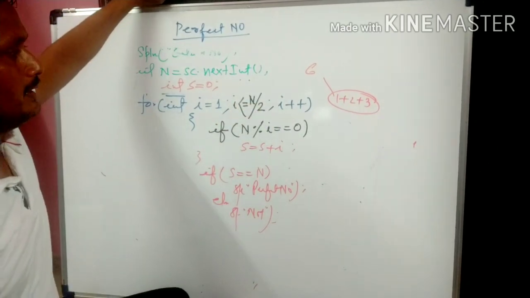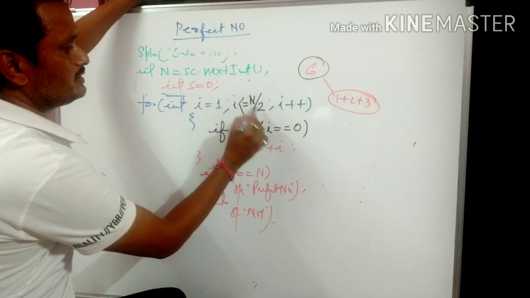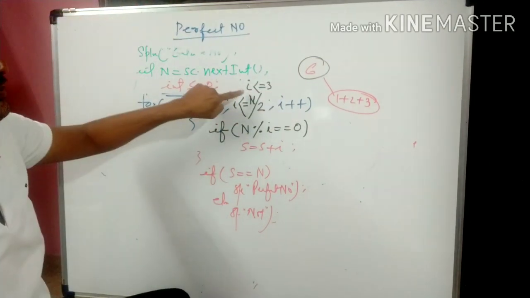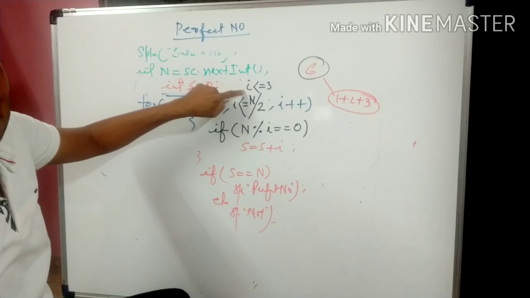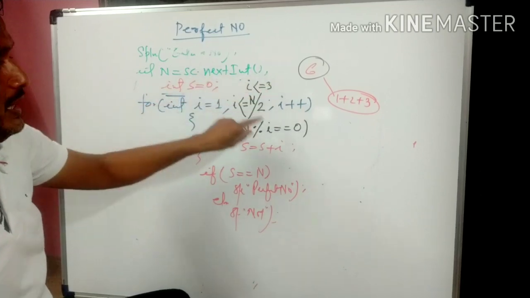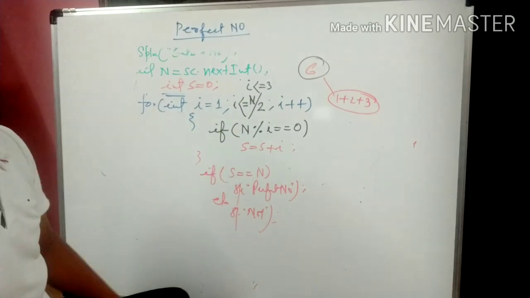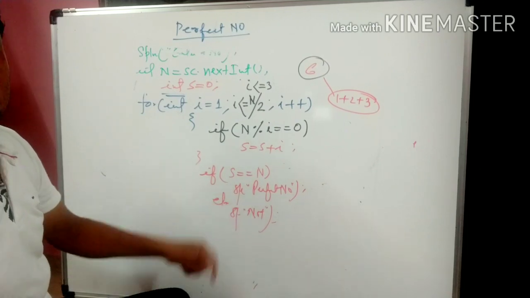If the value of n is 6, 6 by 2 means i less than or equal to 3. That means how many times will the loop execute? 3 times: 1, 2 and 3. So 1, 2, 3 are divisible into 6. The condition is true. It will add all the things and finally we will check it.